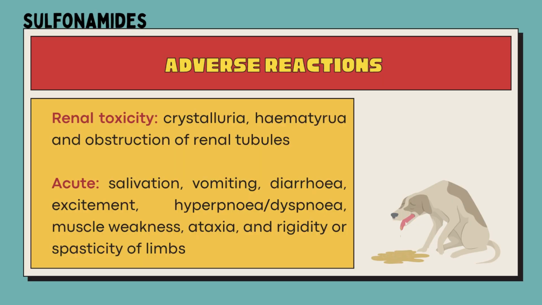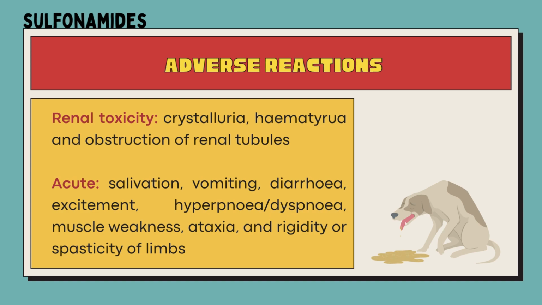However, there are also adverse reactions of sulfonamide therapy when used improperly. Impairment of renal function is a common adverse reaction. Renal toxicity is characterized by crystalluria, hematuria, and obstruction of renal tubules. The drugs crystallize in acid urine.